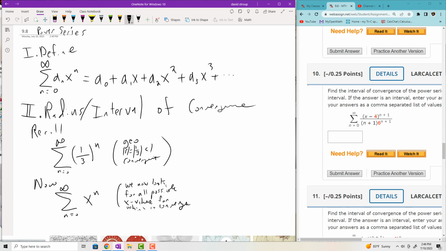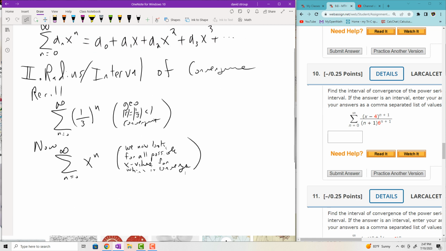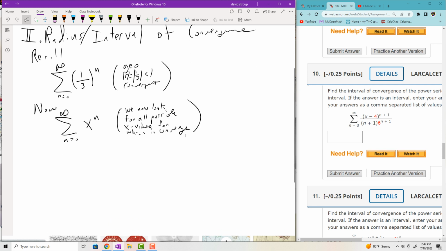And you don't have to worry about, well, maybe it'll converge out there at 1/3 and not converge there at 2, and maybe it'll converge at 5 and then not converge at 7. No, it'll turn out that it'll be an interval, or it'll be everywhere, or it'll be nowhere. Well, with the exception of the center. It's always going to converge at its center. So the first case is that it converges only at its center. Basically, if you plug 0 in, or if you plug c in, it's just going to equal 0.